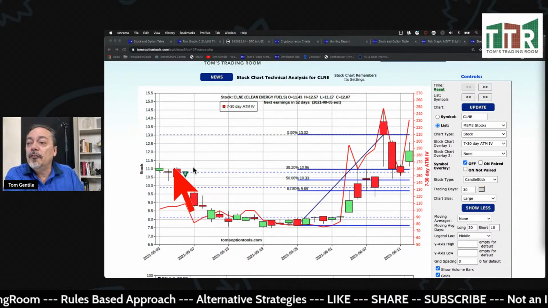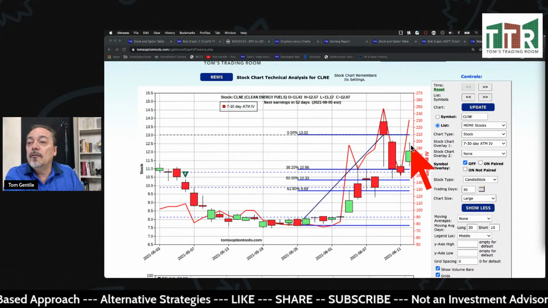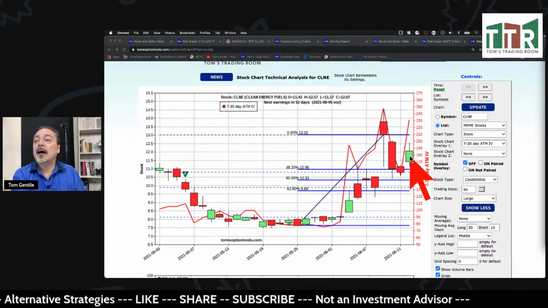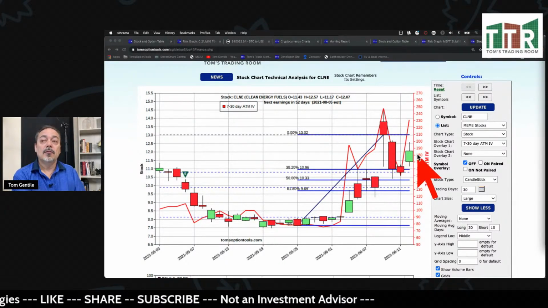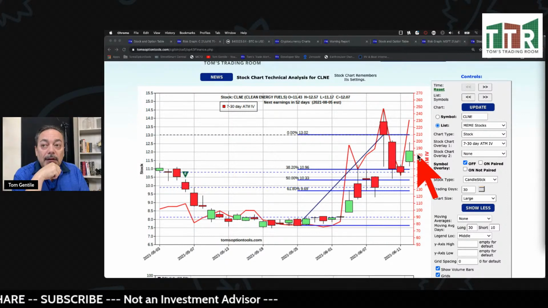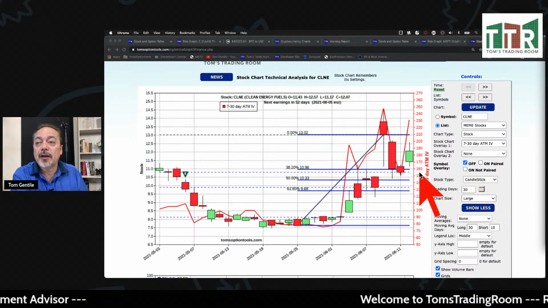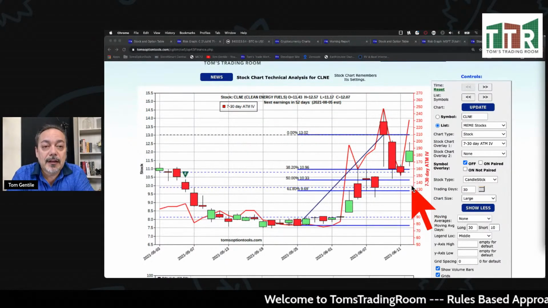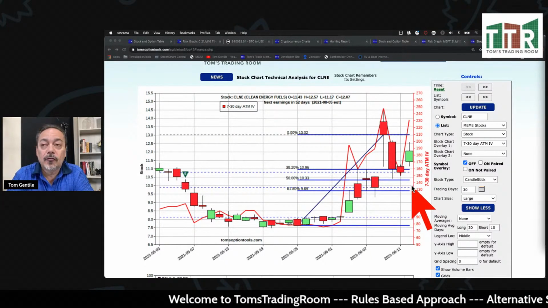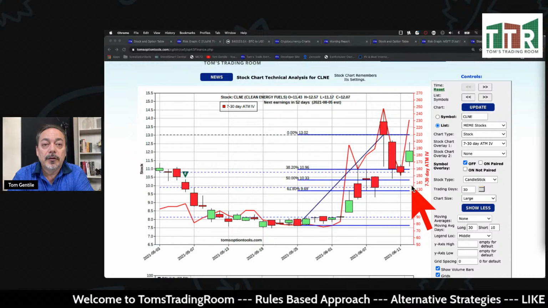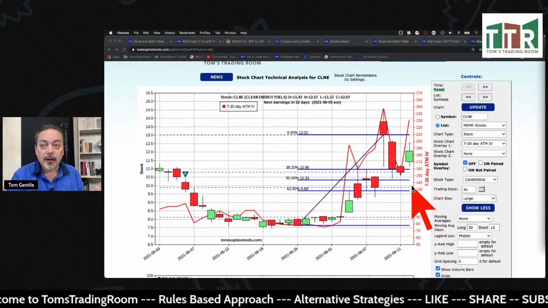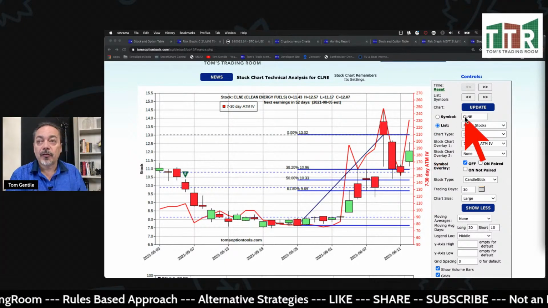That resistance became support. And we bounced off that again today, moving higher. The fact that the implied volatility levels are so high on this stock, if you like it, maybe the weekly options could offer you some really intense put selling opportunities to put the probabilities on your side.